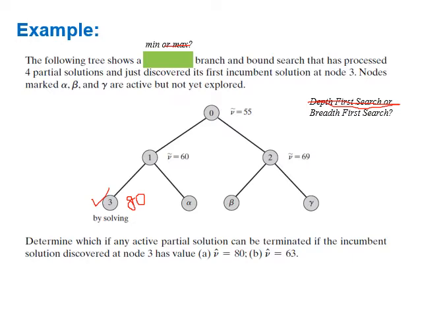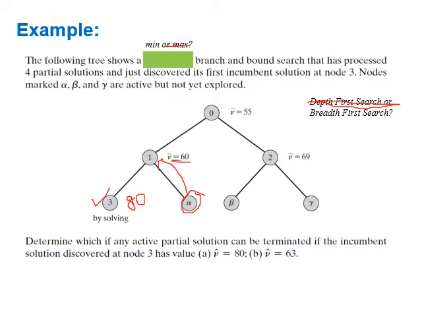We should consider like this. This is a minimization problem, and we have a solution with an objective function value of 80. Let's look at alpha initially. What is the best possible objective function value that alpha can provide? In order to learn this, we should look at its parent.